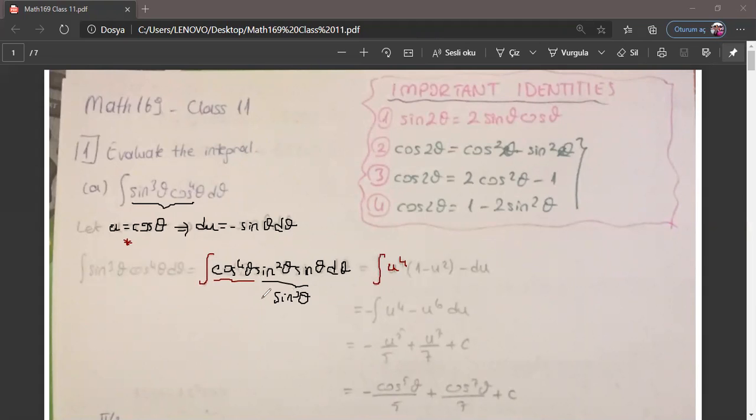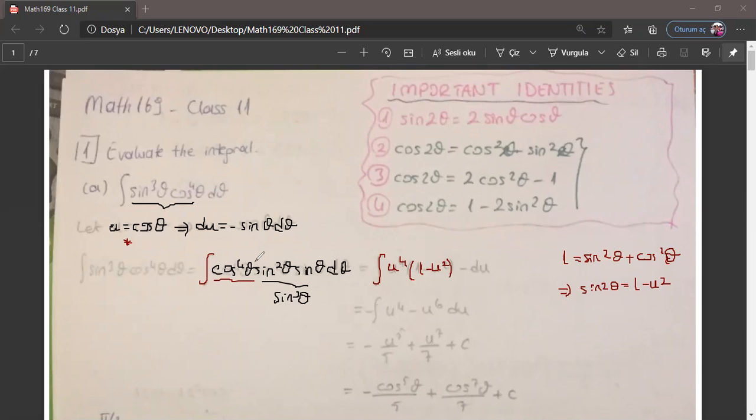And what else? Here we have sine squared. What's sine squared in terms of u? We know 1 equals sine squared theta plus cosine squared theta. So sine squared equals 1 minus cosine squared, which is 1 minus u squared.